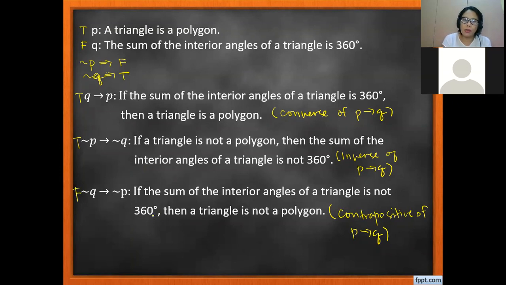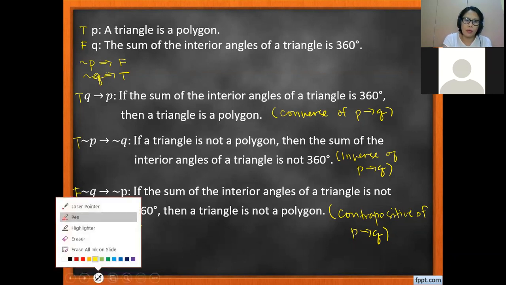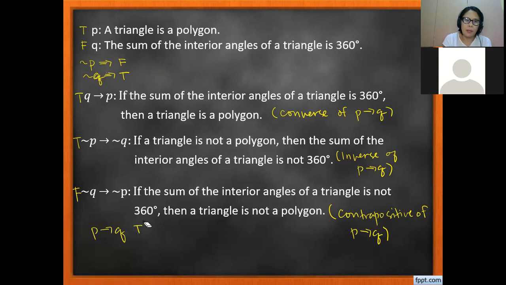So comparing the truth values of the four statements, like this is true, false pala, no? The one earlier, it's a false statement. If P then Q is a false statement, right?